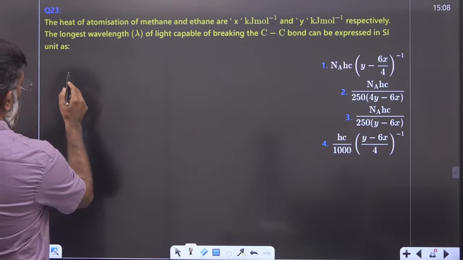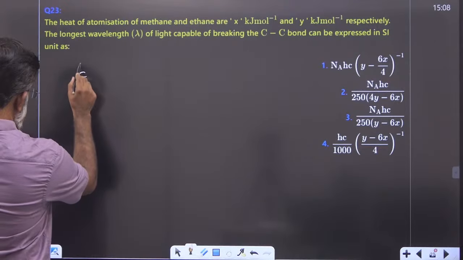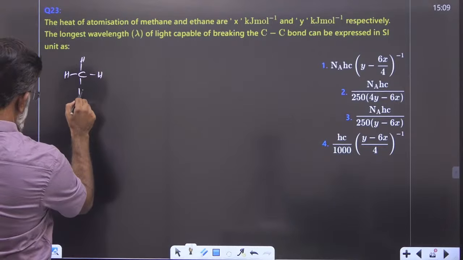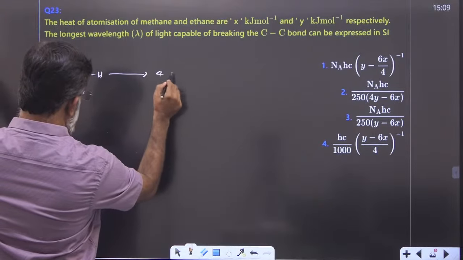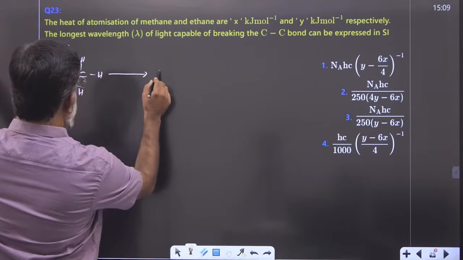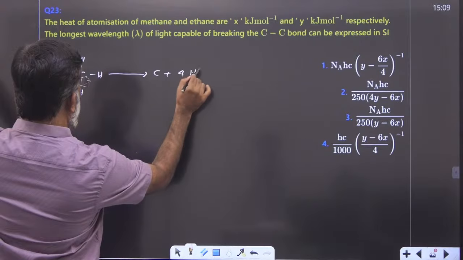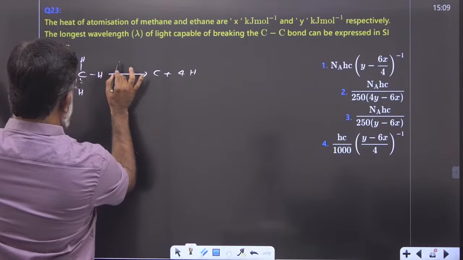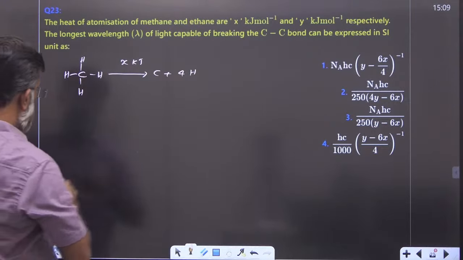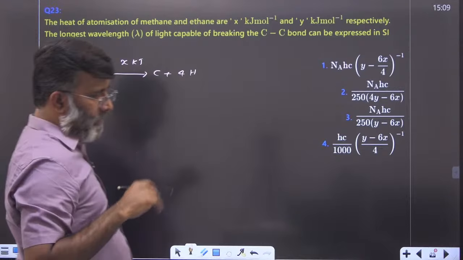Please see, heat of atomization of methane means CH4 is converted to C and 4H. The value is x kilojoule, meaning the energy of the four bonds is x kilojoule.